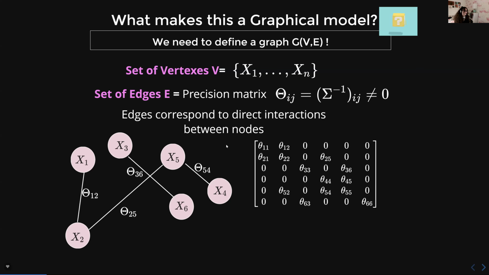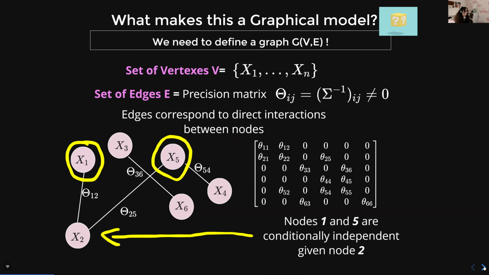So what's interesting about the precision matrix is that it only describes the direct interactions between variables, not the indirect interactions. So, for example, the covariance will tell me that x1 and x5 are related, so there's a covariance between them, but actually those nodes are conditionally independent.